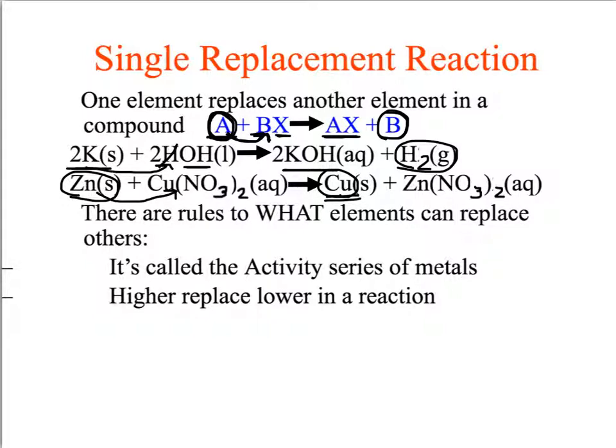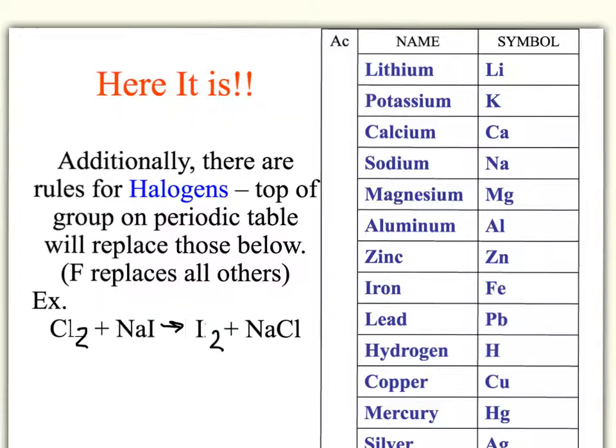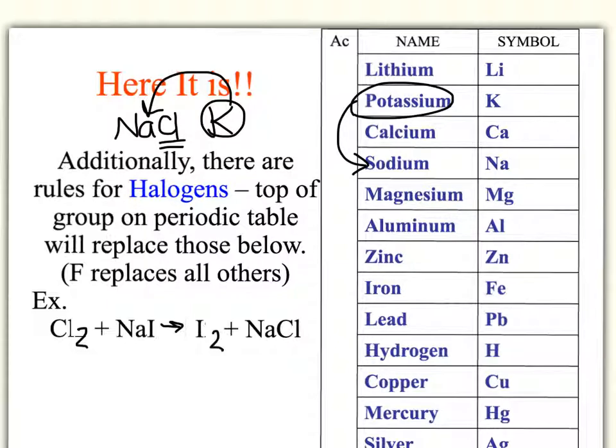Now there is a rule about this, what elements have the ability to replace other ones. And I kind of like to joke about this and call it the sexiness scale. In other words, any metal that's above another metal on the scale would have the ability to steal away something from that other element. For example, if I had sodium chloride and potassium came in, since potassium is above sodium, it would be able to steal away chlorine from sodium.